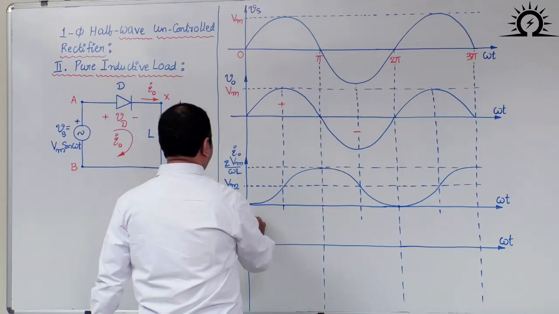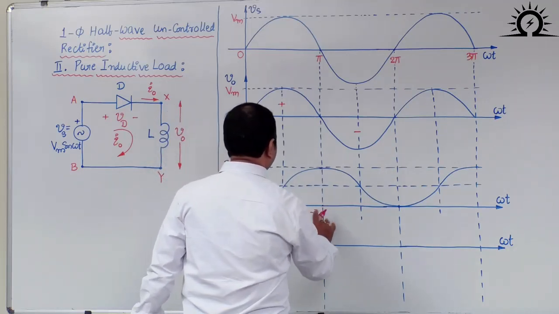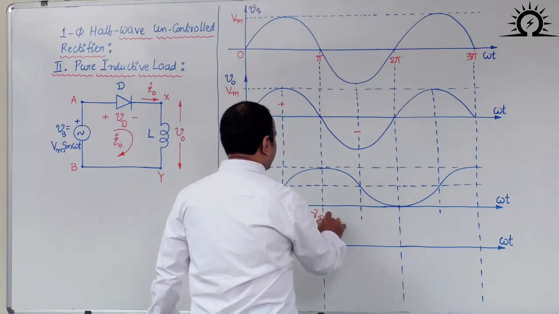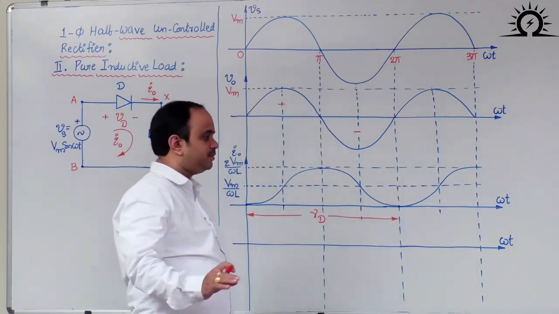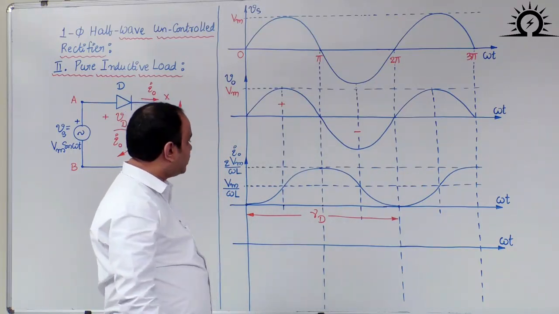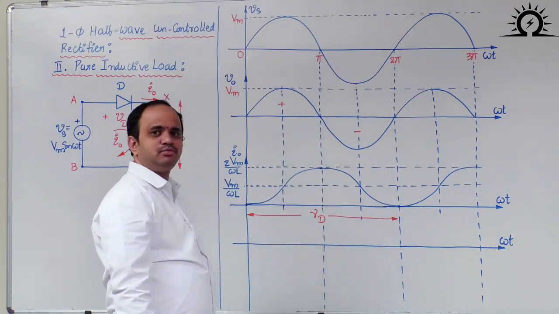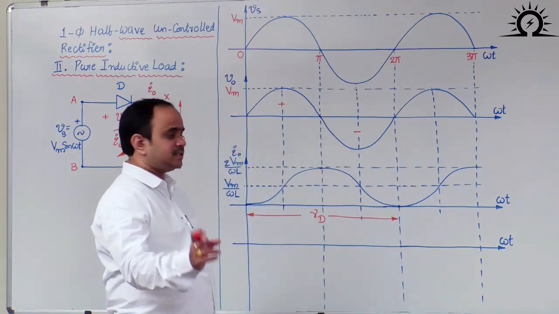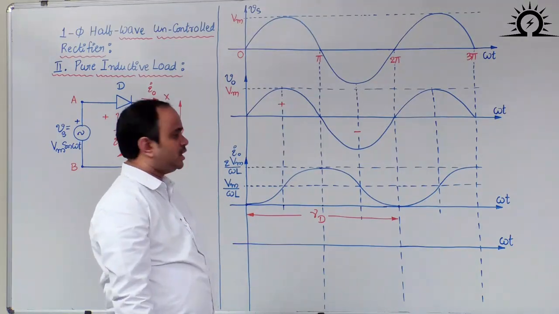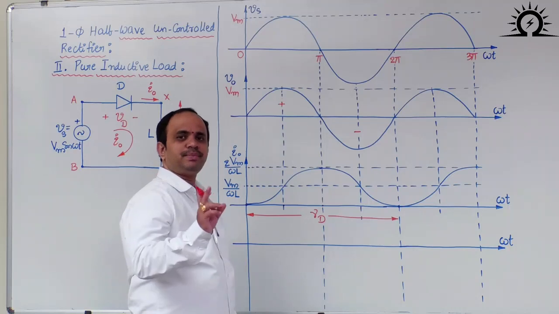Therefore, I can treat 0 to 2 pi as the conduction angle for the diode, and I naught will be maximum at omega t equal to pi. Whereas in our earlier resistive load, I naught was maximum at omega t equal to pi by 2.